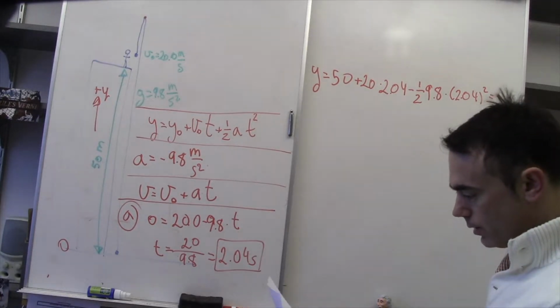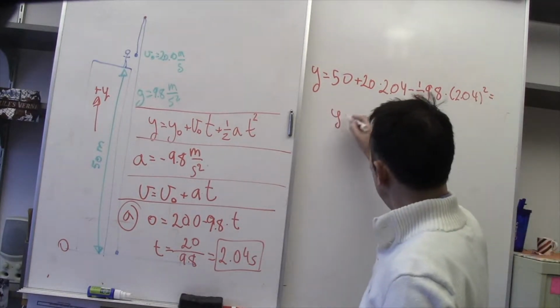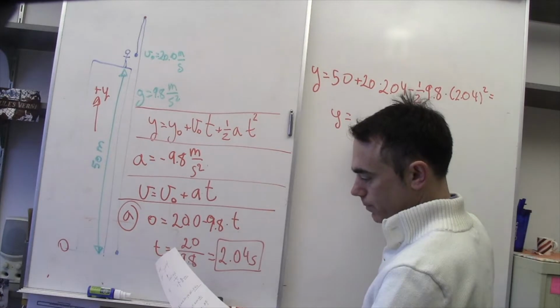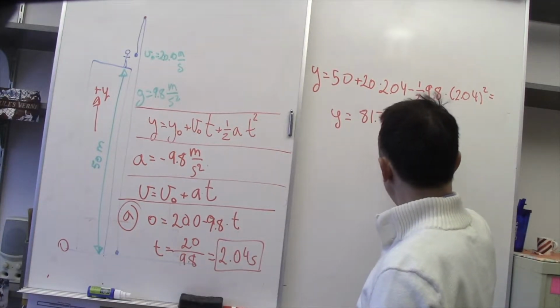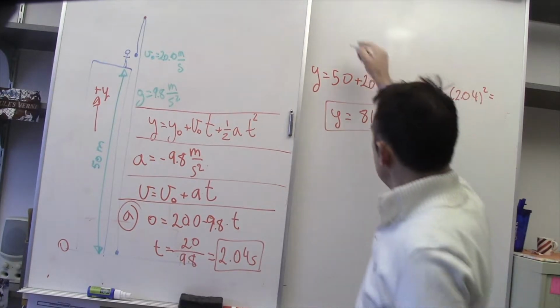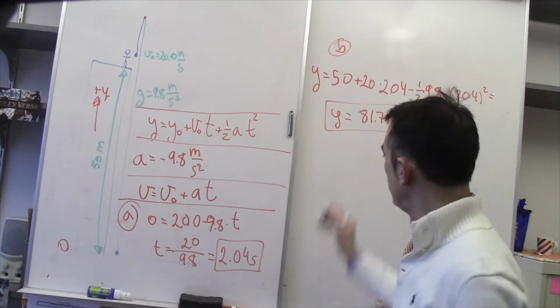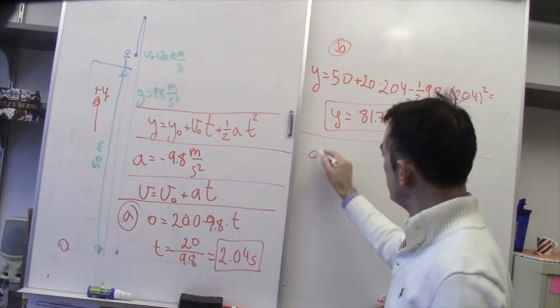If I just use the calculator for this, I find that the height is equal to 81.74 meters. That's question B. Now let's go for question C.